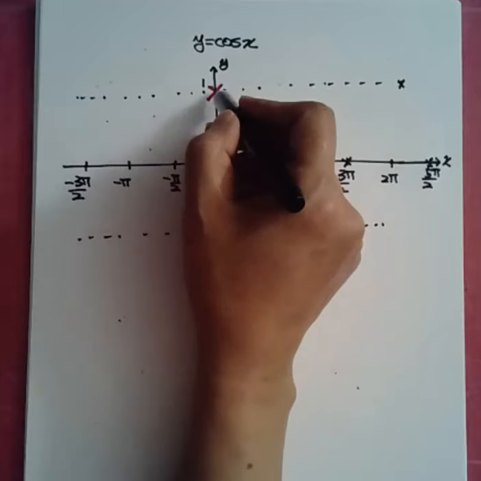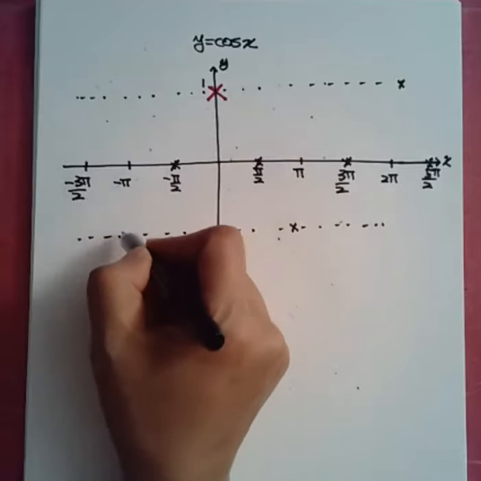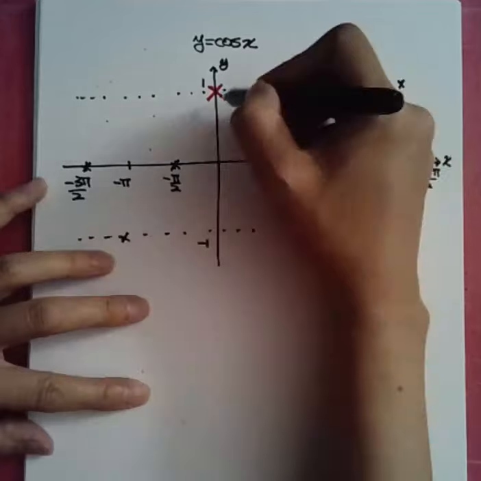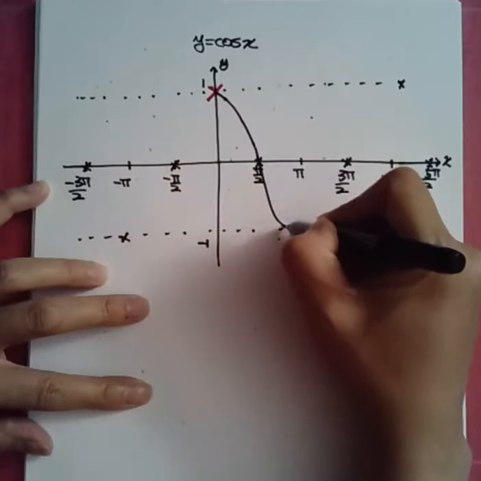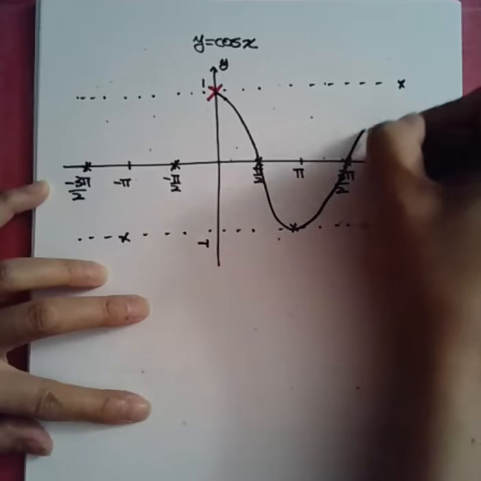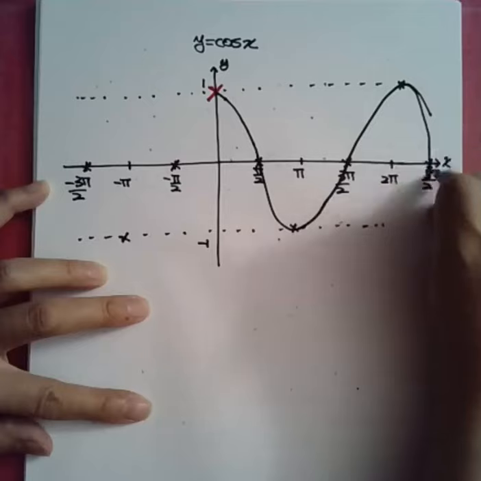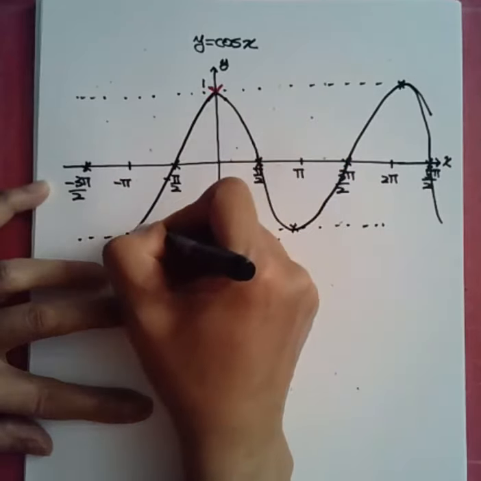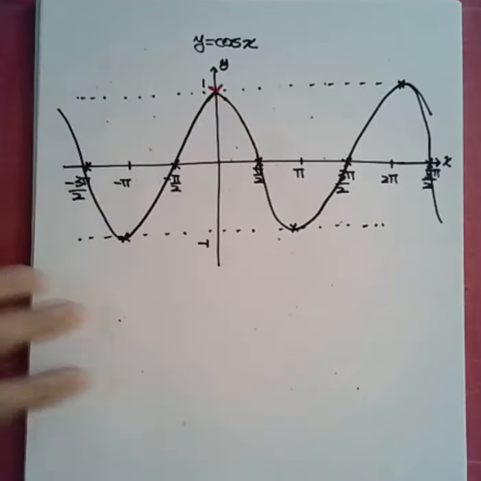So that was the maximum, and then it becomes 0, then it becomes negative, and it becomes 0. So this is the graph of cosine function.